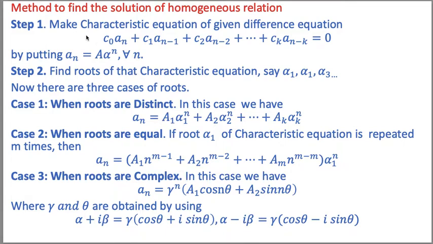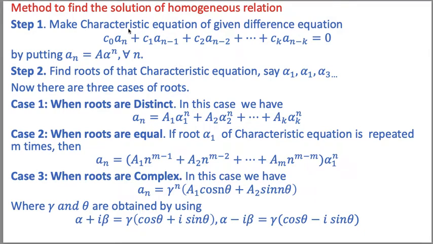So first of all, suppose we are given a recurrence relation C0 an plus C1 an minus 1 plus C2 an minus 2 plus ... plus Ck an minus k equal to 0. Here C1, C2, C3, ..., Ck are all different.